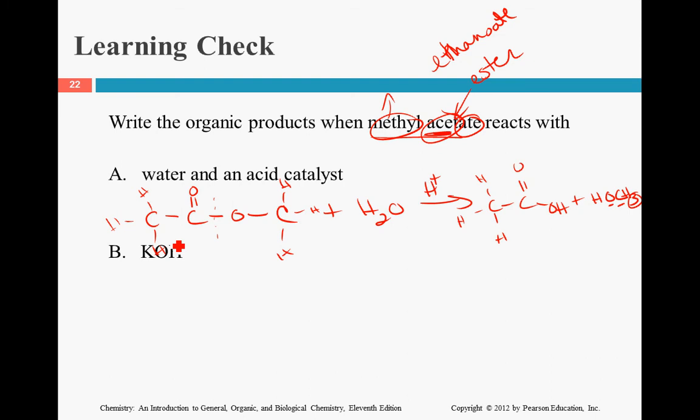Now we're going to do the exact same thing, but now we're reacting it with potassium hydroxide instead. So we're using the exact same compound. We're breaking this compound apart, and we're reacting with KOH.